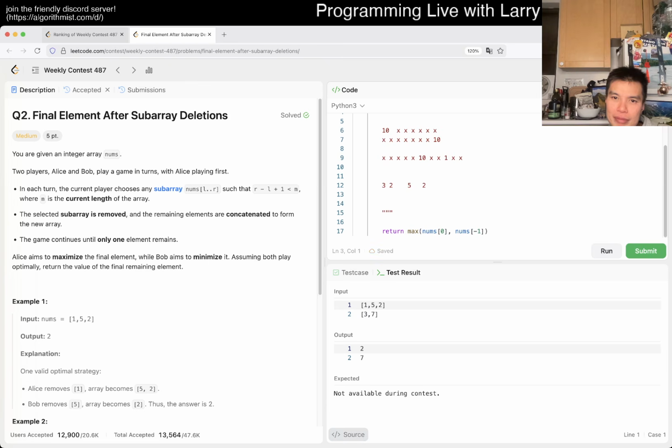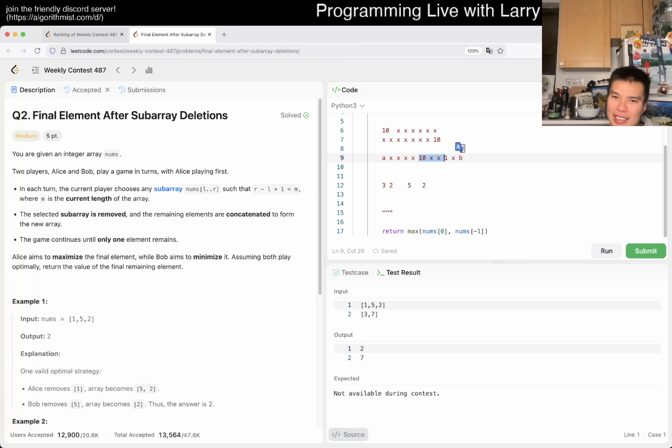Like, if Alice does anything else, then you could say that, well, okay, without loss of generality, if Alice takes a prefix, which assumes that this number is bigger than this number, that A is less than B, then by definition, Bob would always take the 10 and then maybe cut you off to the min number.